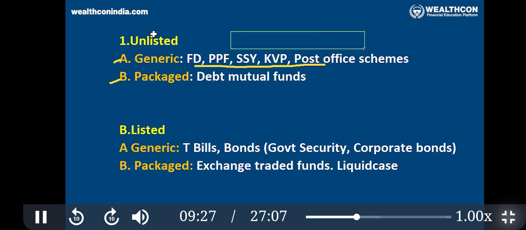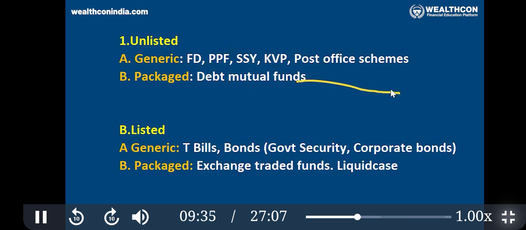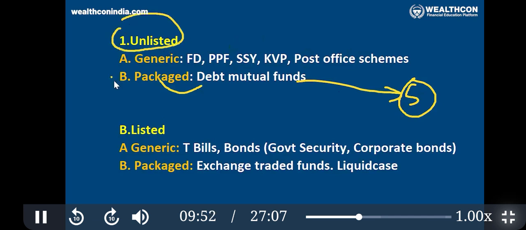Next, under the unlisted package category is the debt mutual fund. Now, debt mutual funds eventually invest in the stock market, but that is not your concern. You are investing in the debt mutual fund directly via a website or aggregator. You are not concerned about the stock exchange here. This is an unlisted product, the debt mutual fund. How do we buy this unlisted product?